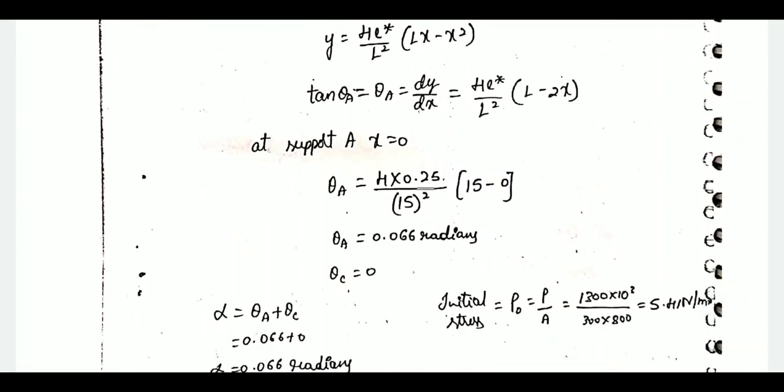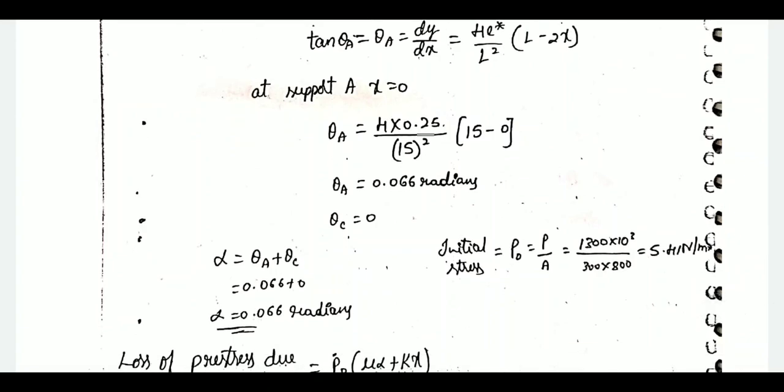In previous problems you have calculated from one end to the other end, but here you are calculating from end to midspan. So end slope we have, and the slope at midspan is 0. So alpha will be theta A plus theta C. Theta A is 0.066 and theta C is 0. So alpha value we got.